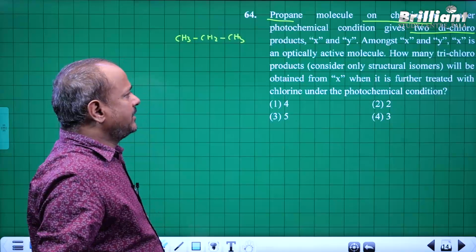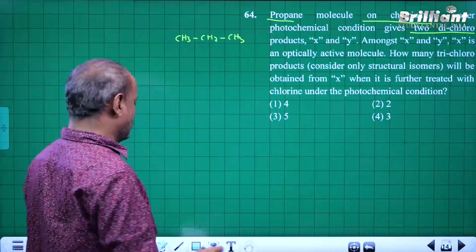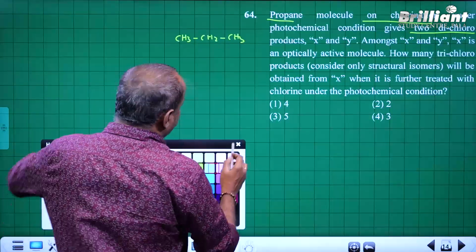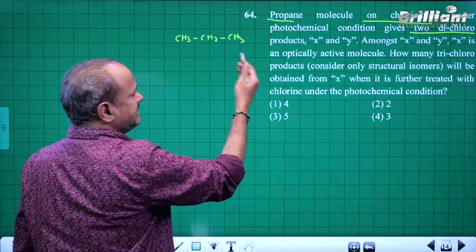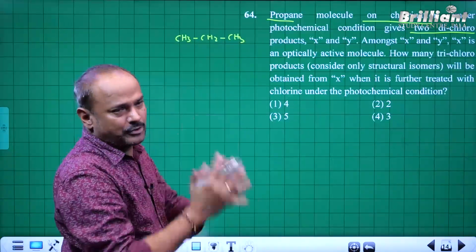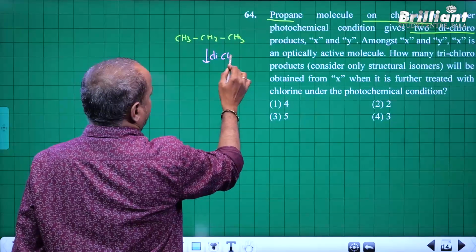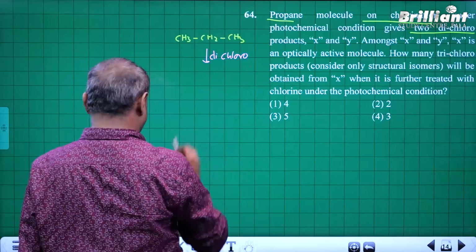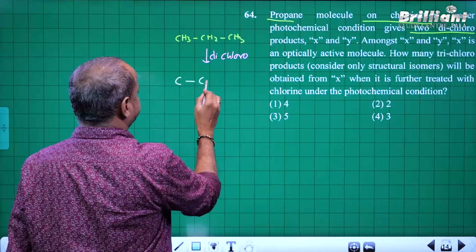Actually, it is not only 2, many products possible. But here a restriction statement is to be followed. Chlorination means maybe some mono, some di, but he has given 2 dichloro compounds. Dichloro takes place like this.